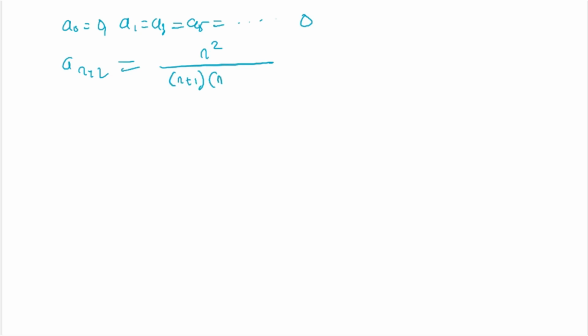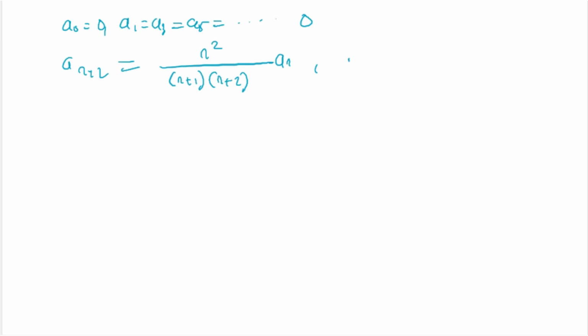So here a sub 0 equals 0, a sub 1 equals 0. Let me say a sub 1 equals a sub 3 equals a sub 5 equals 0. Now a sub n plus 2 is n squared, not n cubed, n squared over n plus 1 times n plus 2, times a sub n.